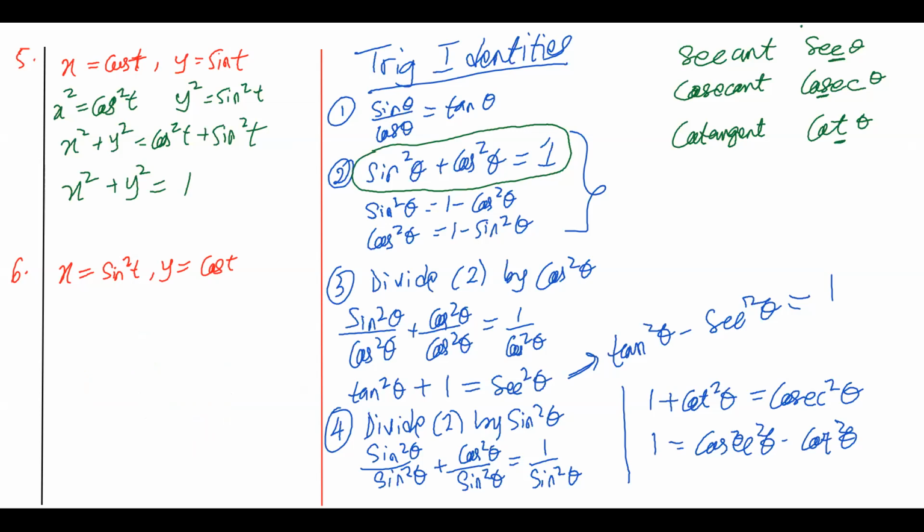Did you say x sine squared? No, x squared is what? Can you start over? From what we have, so what do you think we do first? Y squared equal to cos squared t. Good. Y squared equals cos squared t.